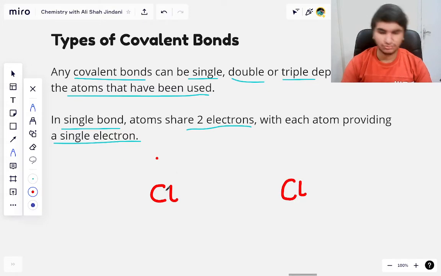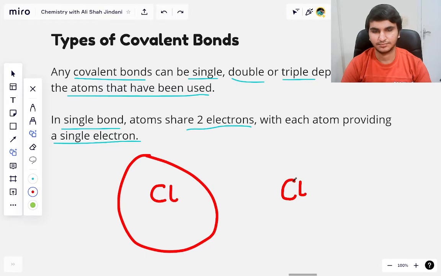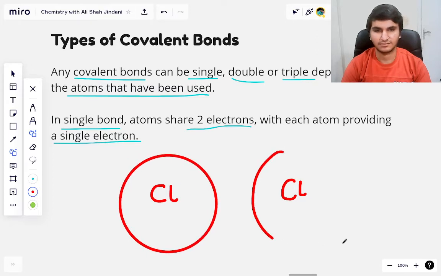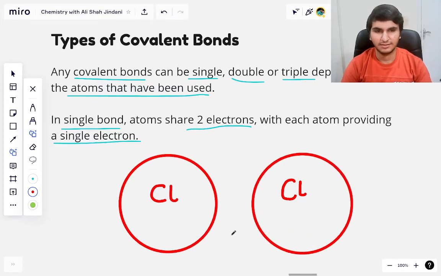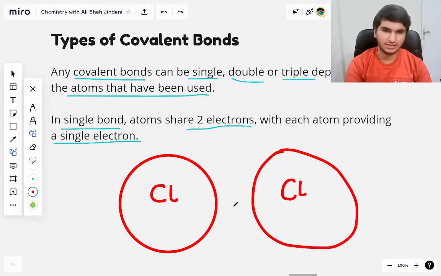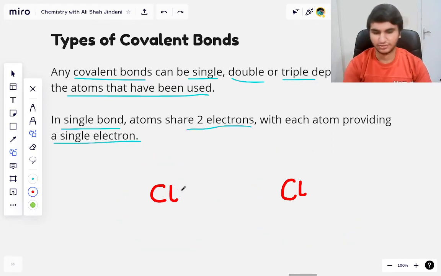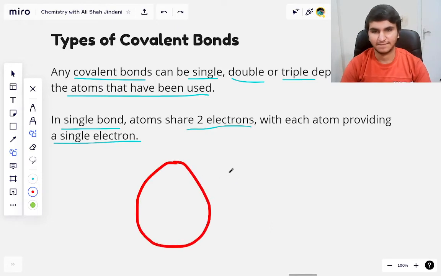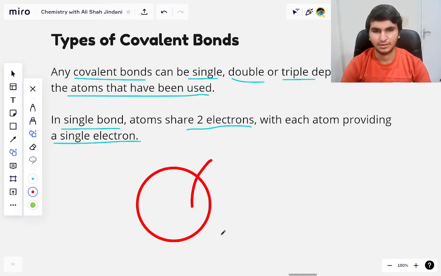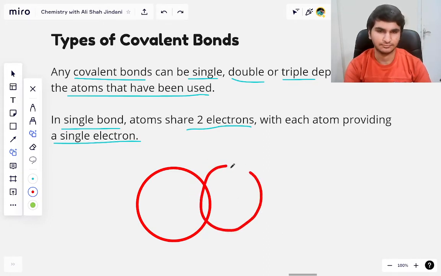We take these two chlorines and let me draw a circle around these. This one and this one. Actually, I should not be doing it like this, so let me draw it once again. We have this chlorine and we have this chlorine, right?